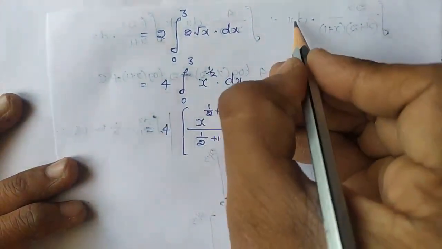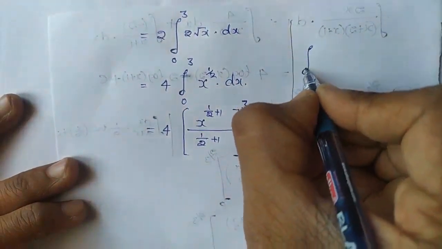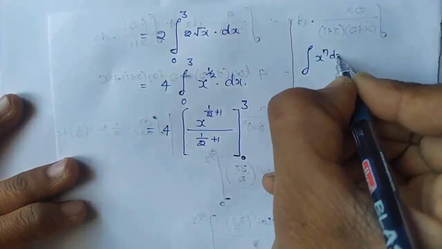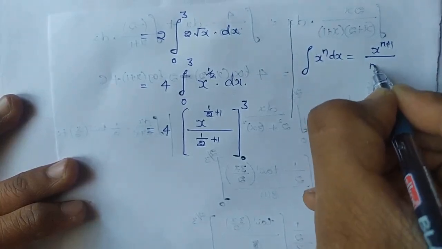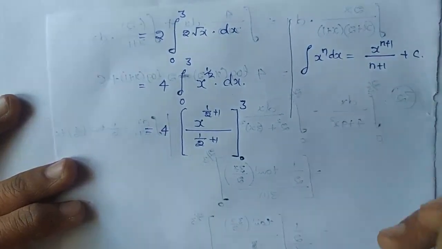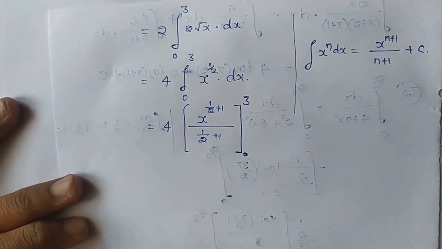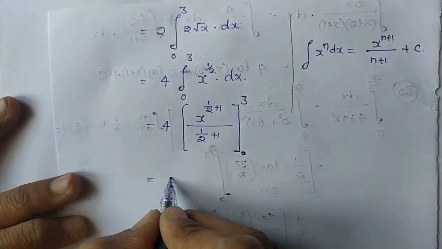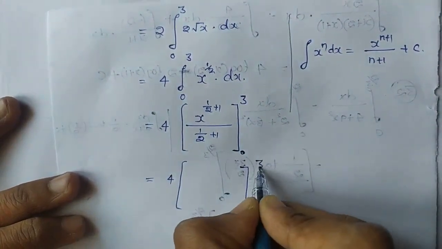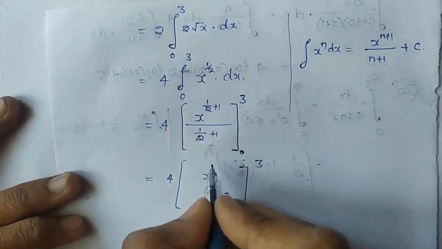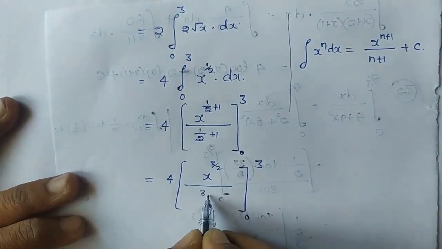In the integration we have the formula that integration of x power n dx is x power n plus 1 divided by n plus 1 plus c. It is the formula we have in the integration. That is equals to 4 into, under the limit 0 to 3, x power 1 by 2 plus 1 is 3 by 2 whole divided by 1 by 2 plus 1 is 3 by 2.